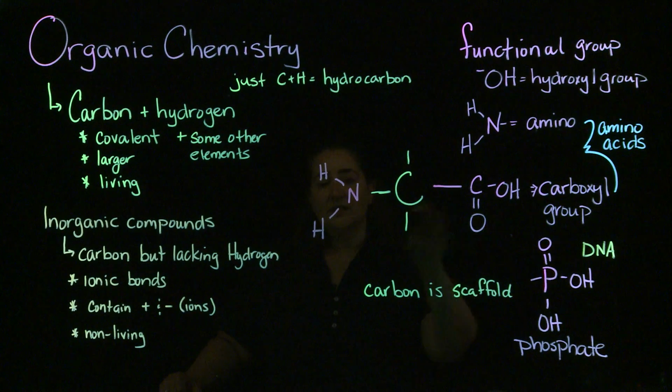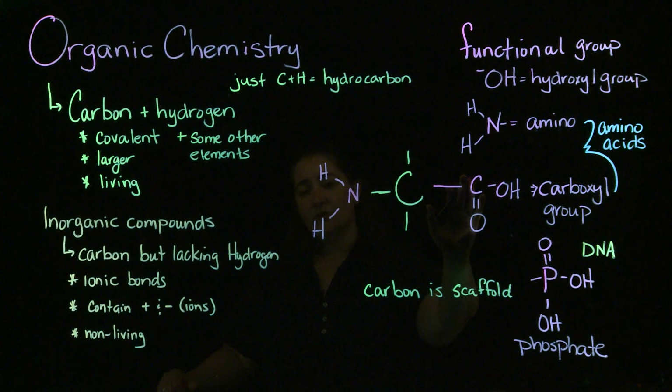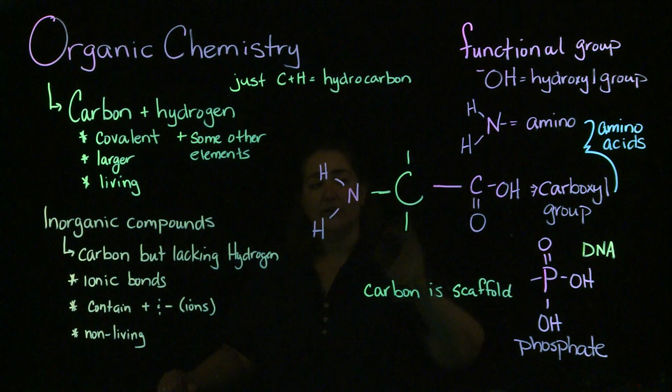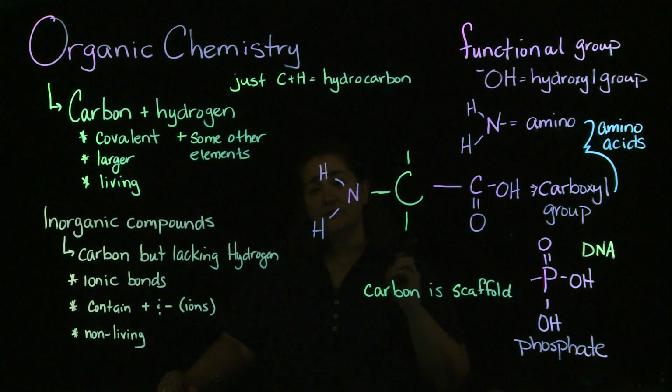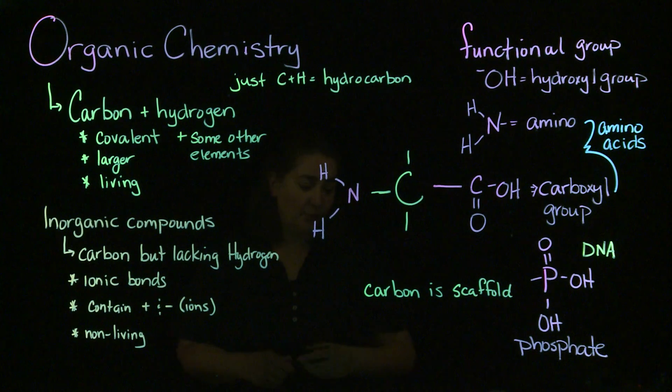And what I've just done by attaching those two functional groups to this one carbon is this is the beginning structure of our amino acid, okay? So carbon is really versatile. How those bonds form are going to be really important.